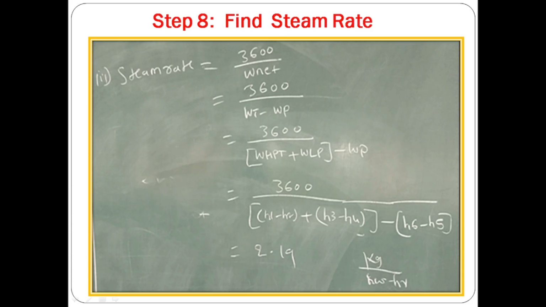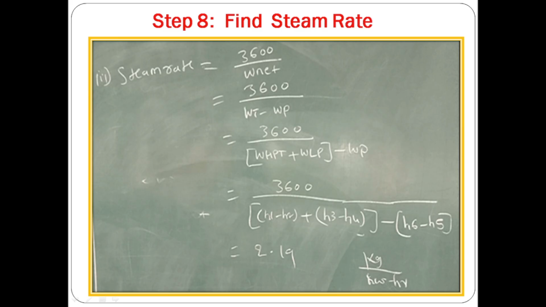Similarly, we are going to find the steam rate. The steam rate is equal to, we have the formula, 3600 divided by net work. Net work is the turbine work minus pump work. The turbine work comes from two expansion processes, one in the high pressure turbine and another in the low pressure turbine, minus pump work.